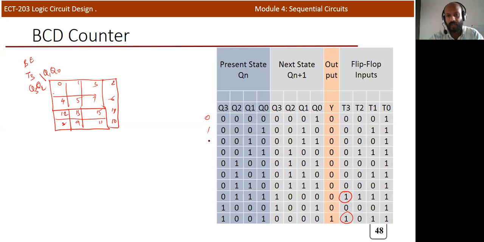Counting 0, 1, 2, 3, 4, 5, 6, 7, 8, 9, it is 1 in 7 and 9.